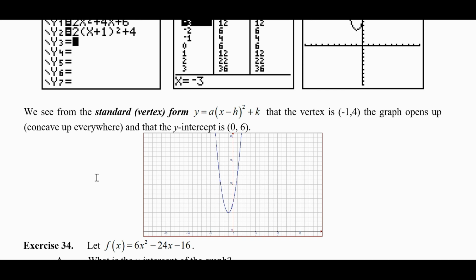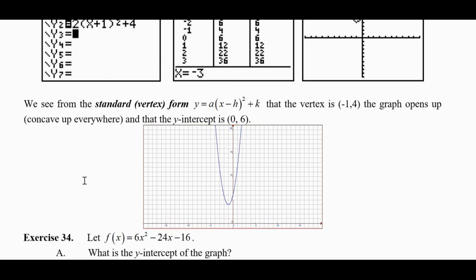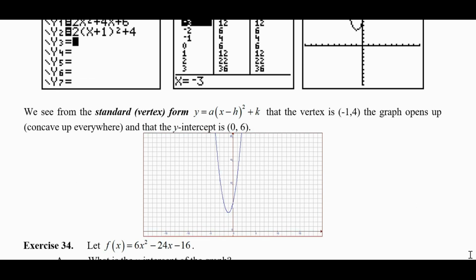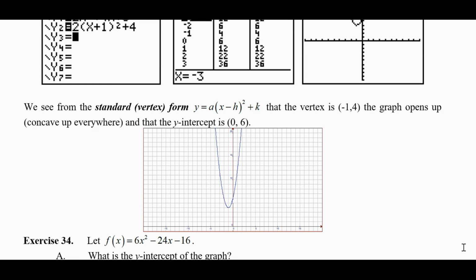Now that you've seen a few of these, it's your turn to try one. If f of x equals 6x squared minus 24x minus 16, see if you can answer some of these questions. First of all, what's the y-intercept of the graph? That should be easy.